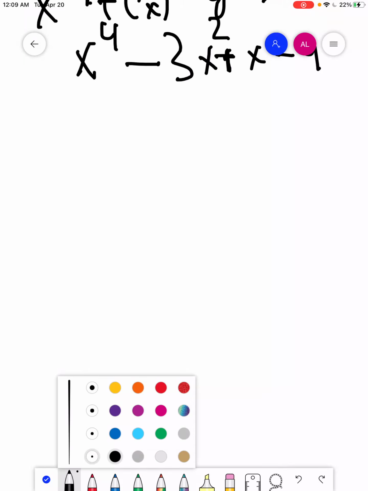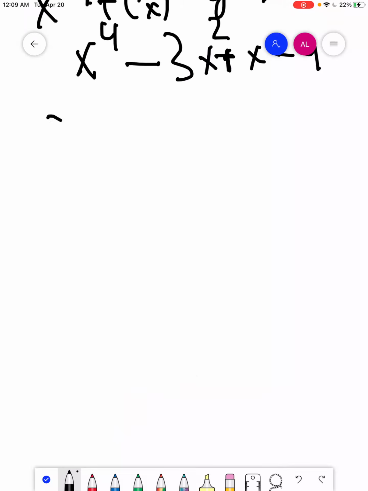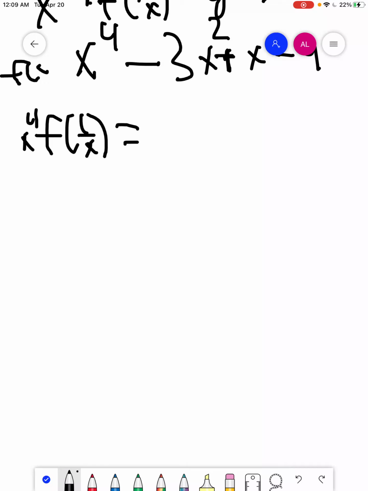So I want to make the transformation x to the 4th times f of 1 over x.